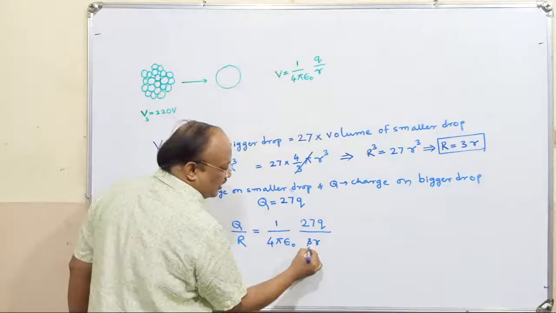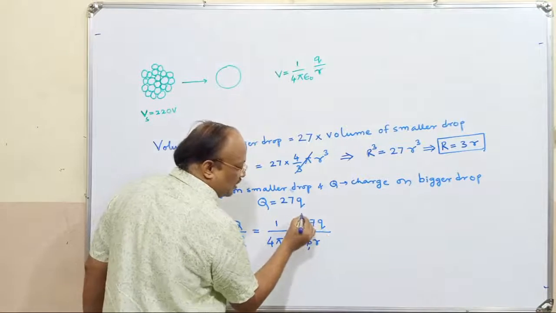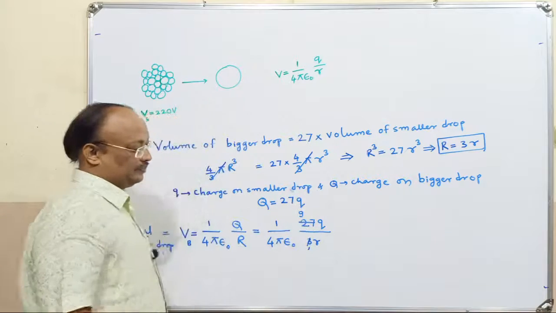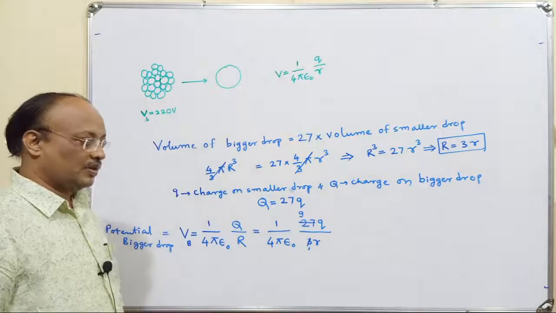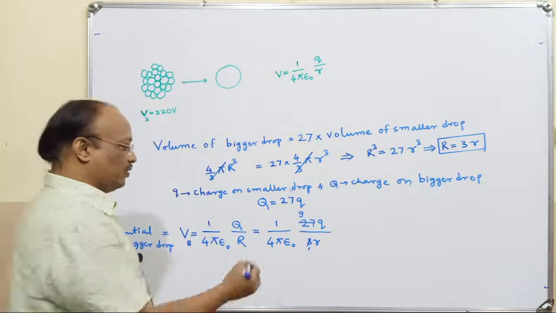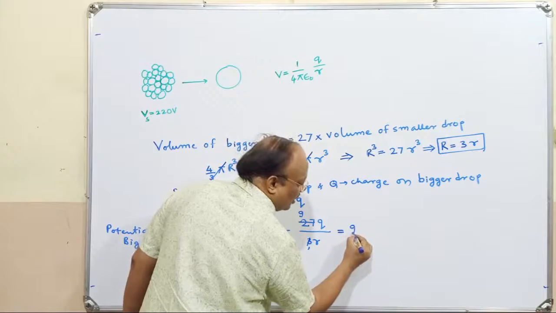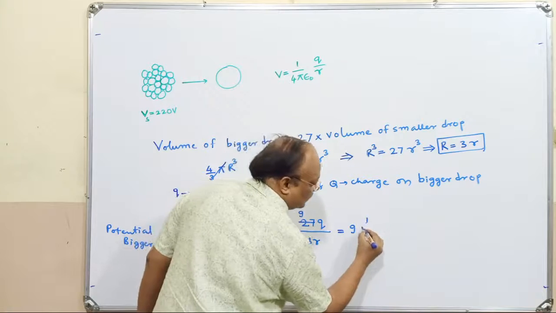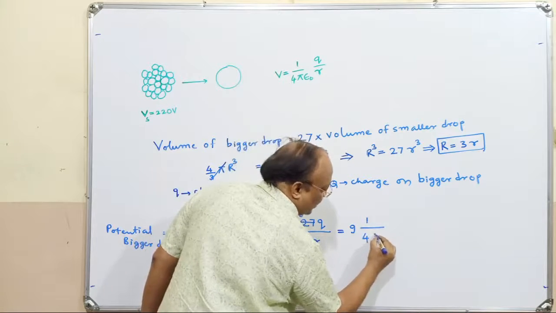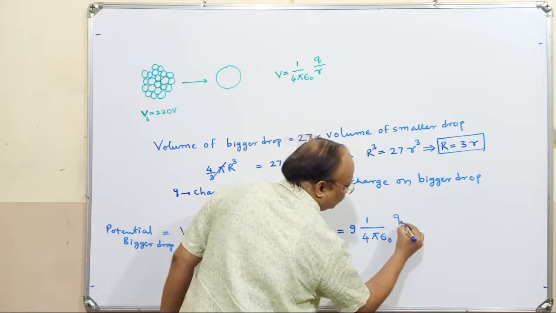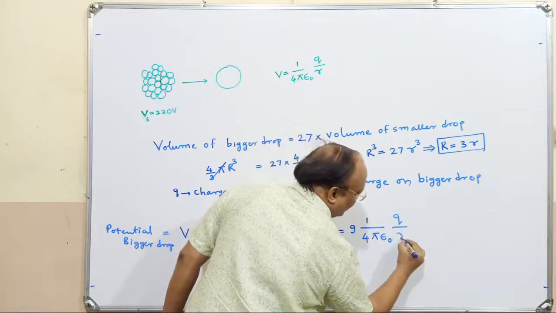So this 3, this is 9. So what we have is equal to 9 times 1 by 4 pi epsilon naught q by r.